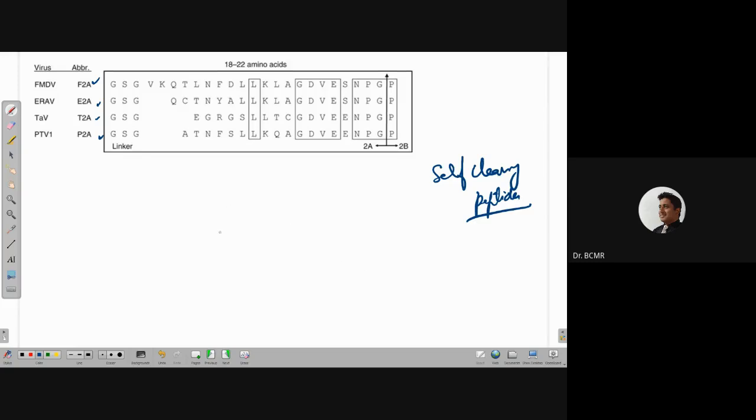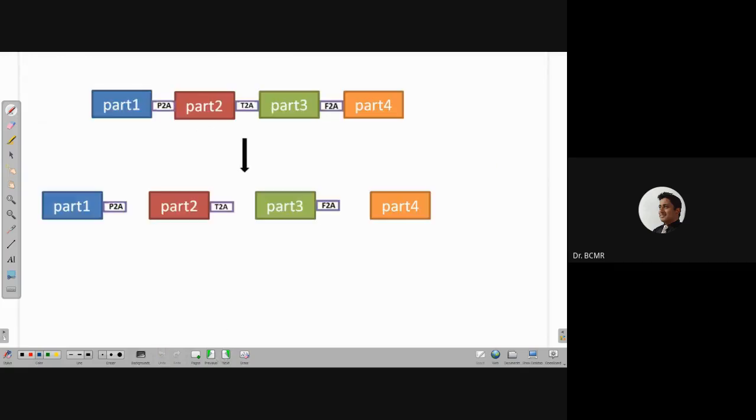So they use these self-cleaving peptides. The design is something like this. I want to have OKSM or OSKM, whatever be the case. They generated a whole single open reading frame, starting with a start codon with O. Then there is a small peptide, the self-cleaving peptide, as indicated here.